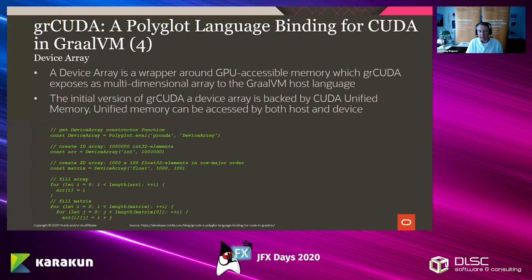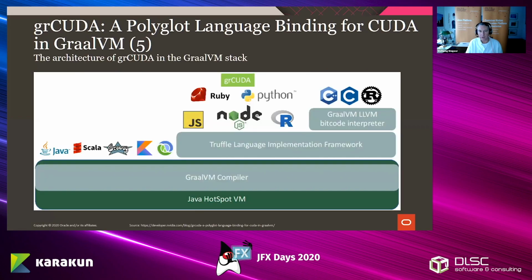And what is the outcome? We can reach device arrays as a wrapper around the GPU-accessible memory. Therefore, lots of new stuff is possible to make visible with JavaFX, by reaching the device array of an NVIDIA GPU, of such a processor.